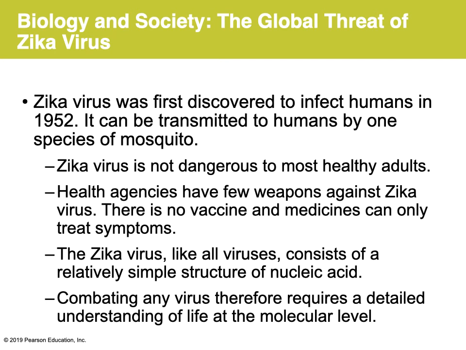But to combat any virus, Zika or COVID-19 or any of these, really requires understanding how life works at the molecular level, right? Especially since you're combating essentially little packages of genetic material, well, how does this work? How does genetic material bring about the production of proteins? How is it that we can interfere with that production?